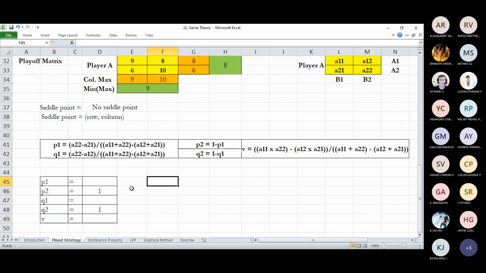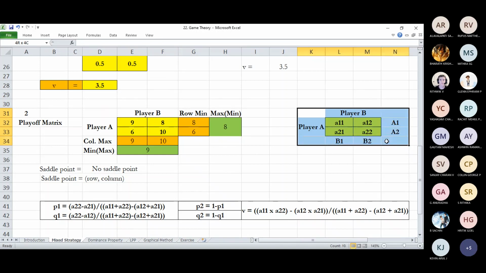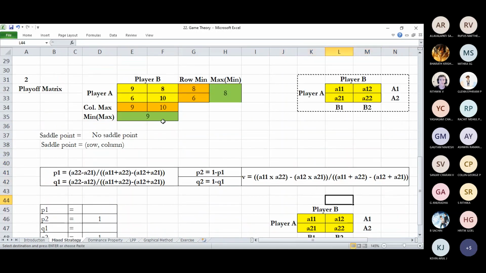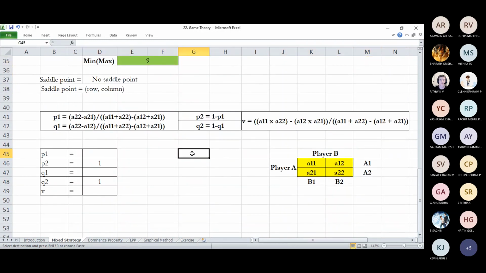So this is what you need to calculate, and always copy paste this stuff. And use this formula.